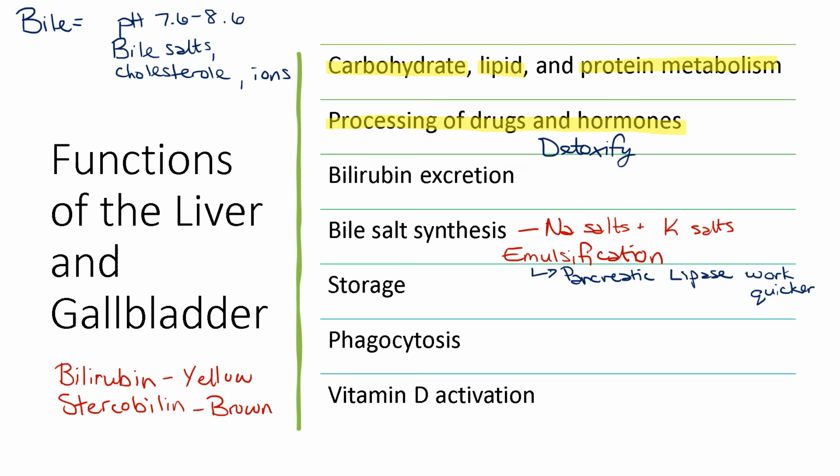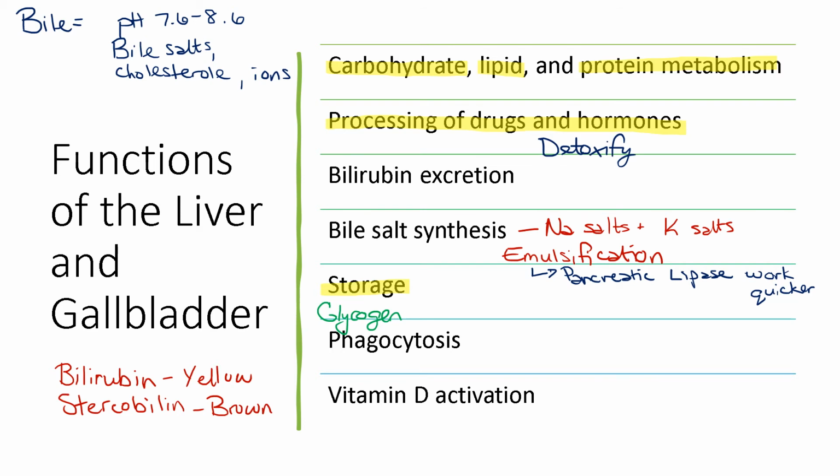Now, we already talked about bilirubin excretion and bile salt synthesis. So the next function of the liver would be storage. The liver is a large storage space for glycogen, and that's going to be the stored unit of glucose.